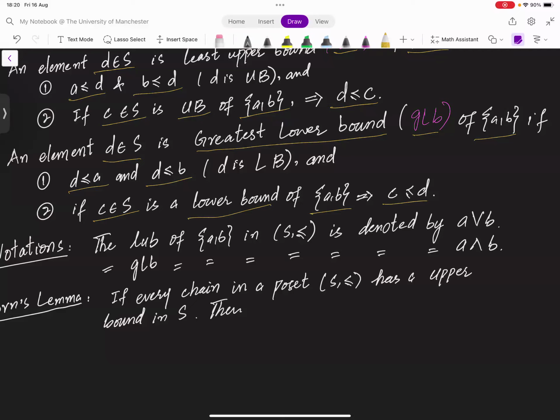We denote the lower bound of the set for a poset by this symbol, the least upper bound by this symbol, and the greatest lower bound by this symbol.